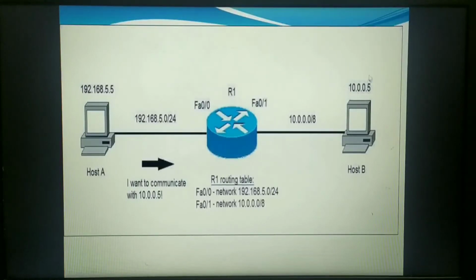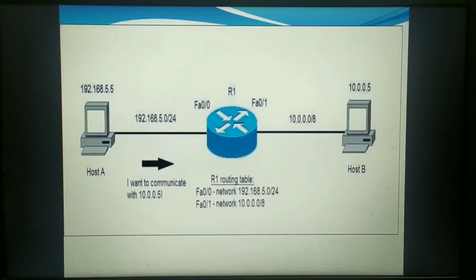Let us consider this one to be a different LAN, a different network, where around 10 systems are there, and my destination computer might be with this IP address. Here I am using a device known as a router, which helps you connect two different networks. They are not even connected anywhere.